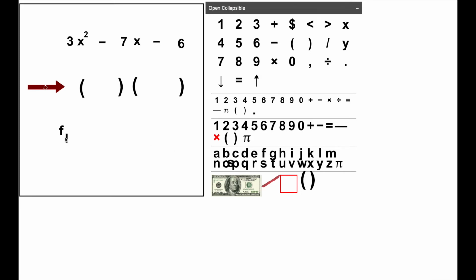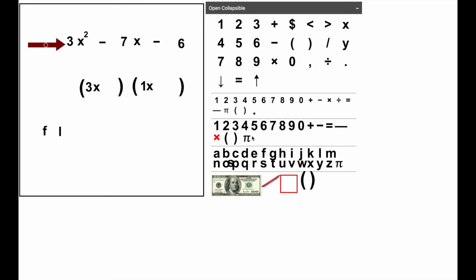What times what gives you three, basically? How do you get three? 3 times 1. So just put it down. Usually for the first one it's pretty easy, but if it was like 16, just put down the first one that comes to mind, like 8 and 2. So here you should put down 3 and 1 and then put your x's in place. And now you have your first taken care of.